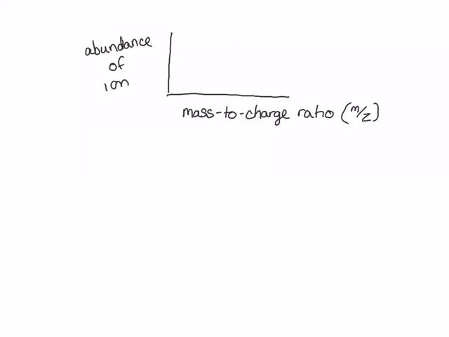A mass spectrum is a graph that plots the abundance of the ion on the y-axis versus the mass-to-charge ratio on the x-axis, otherwise known as m/z. For most small organic compounds, the molecule can't hold more than a +1 charge, so the mass-to-charge ratio is equivalent to the molecular weight.